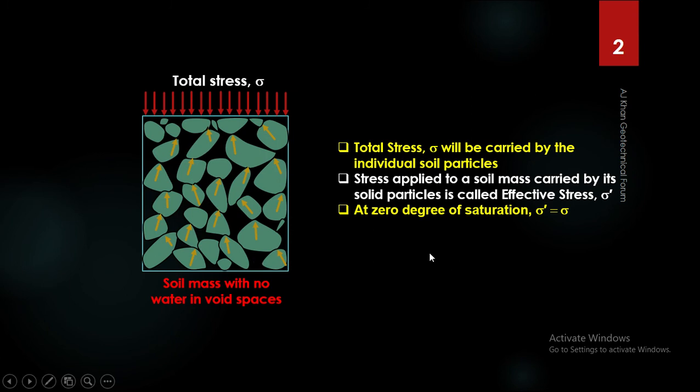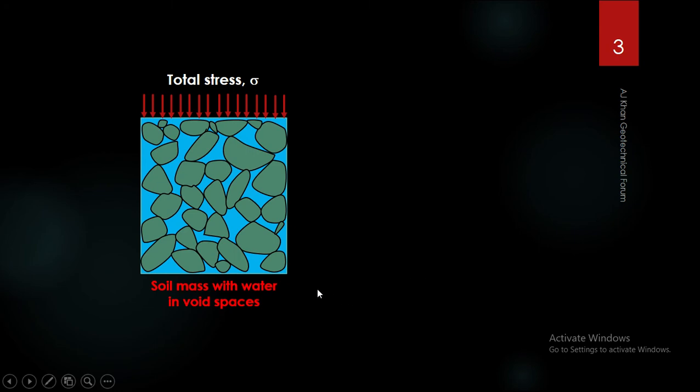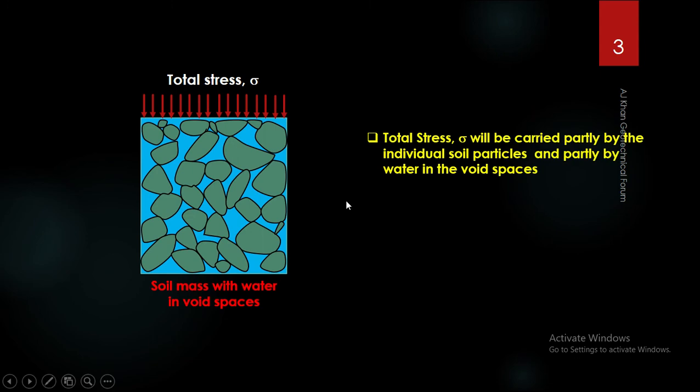Now let us take another scenario where the void spaces in the soil mass are completely filled with water. That is, the soil mass is in 100% degree of saturation state. And now if we apply a load that causes a total stress equal to sigma, this total stress sigma in this case will be partly carried by the individual solid particles at the contact points, and also part of it will be carried by the water in the void spaces.